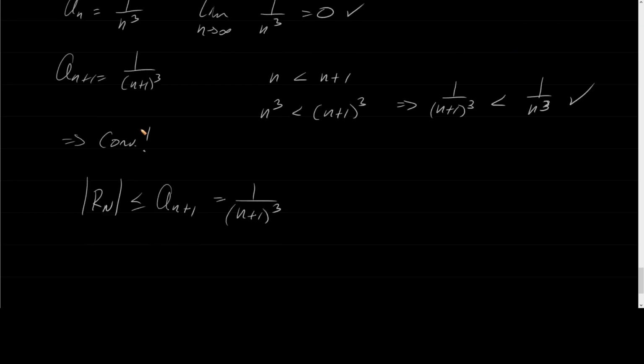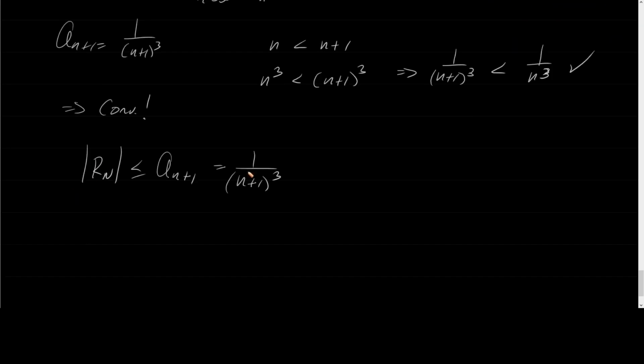And how do we force the remainder, which is less than a sub n plus 1, to be less than 1/1000? Well, what we can do here is ignore this side and force this to be less than 1 over 1000, right? So that would definitely make our remainder be less than 1/1000 if I make it less than this term. So what does that give us?